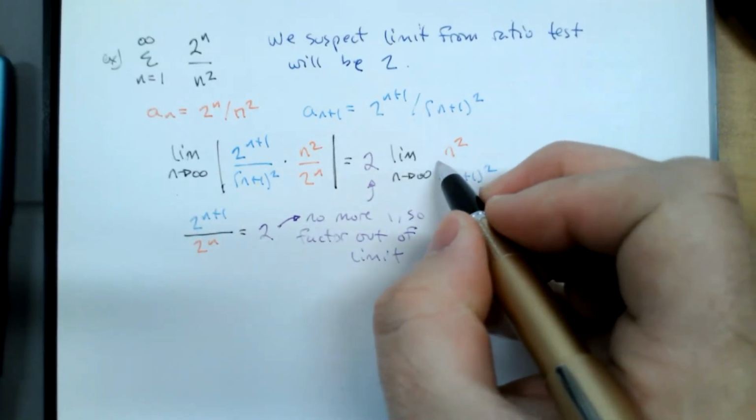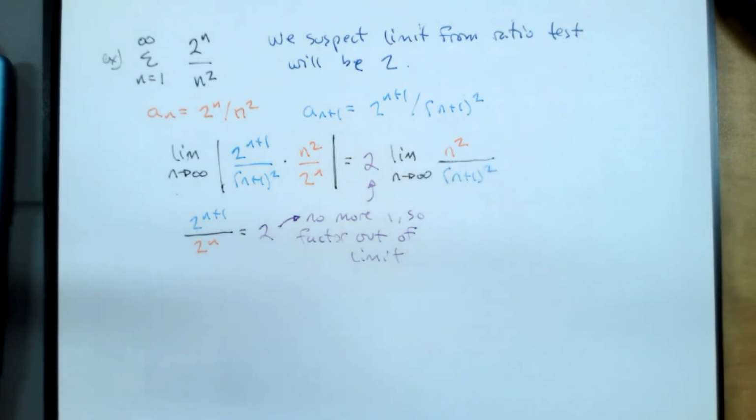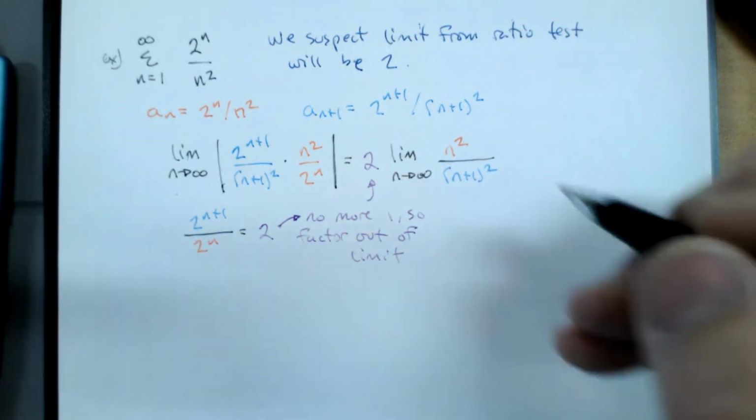Once again, I can drop the absolute value signs for the same reason as before. And now because that n squared was the rational factor in our original series, the ratio test doesn't see it. So this limit is equal to 1.